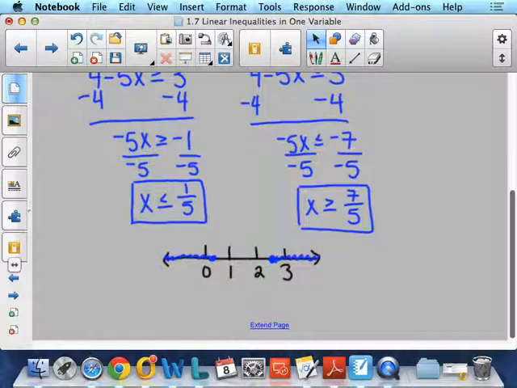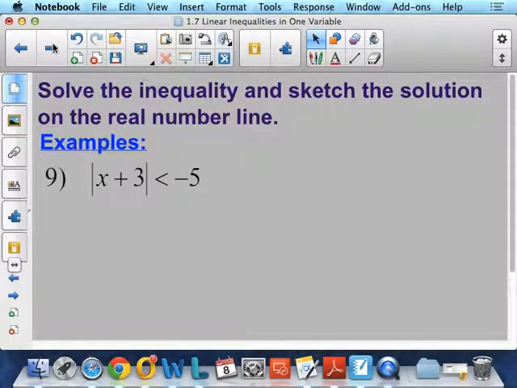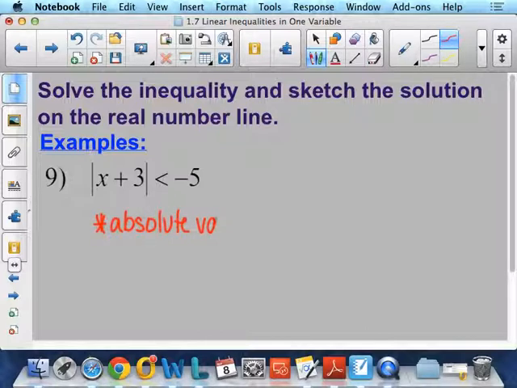Okay, all right, last example. We have the absolute value of x plus 3 is less than negative 5. Okay, this is kind of a trick question because, remember, anything in the absolute value, if we take the absolute value, it's going to be positive.